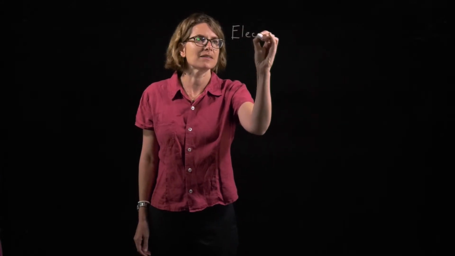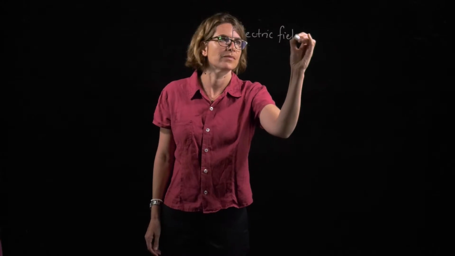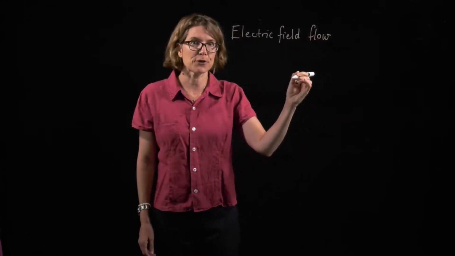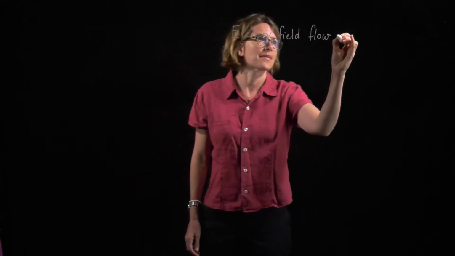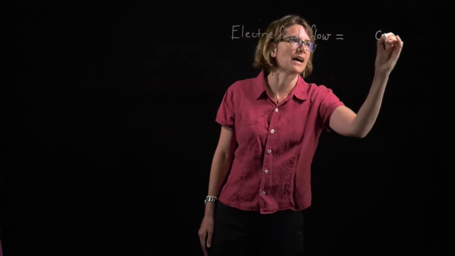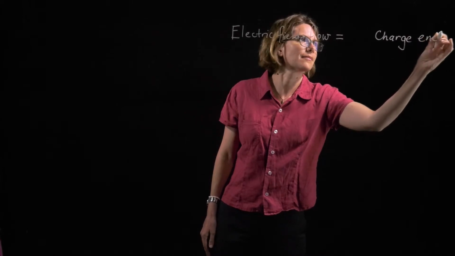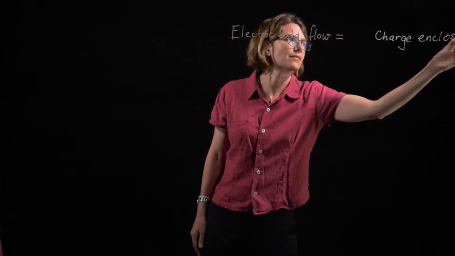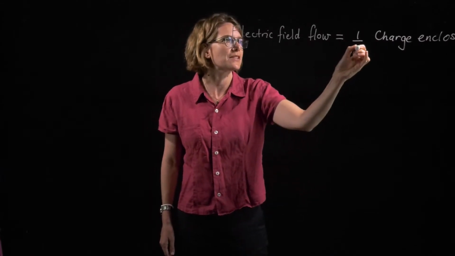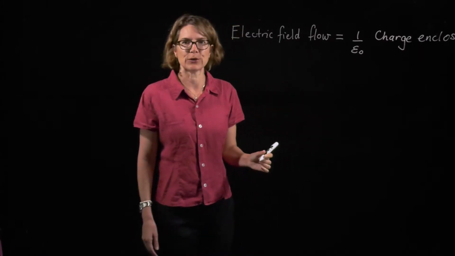The electric field flow through the surface of a 3-dimensional shape is proportional to the charge enclosed. And that constant of proportionality happens to be, mysteriously and simply, 1 over epsilon naught.